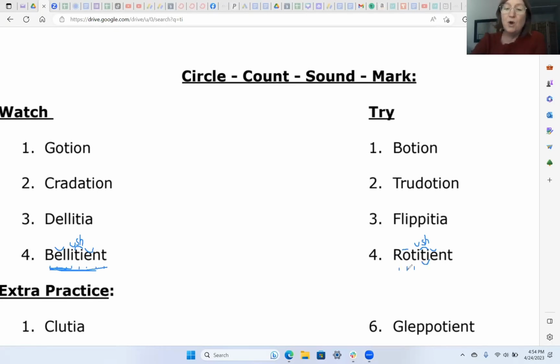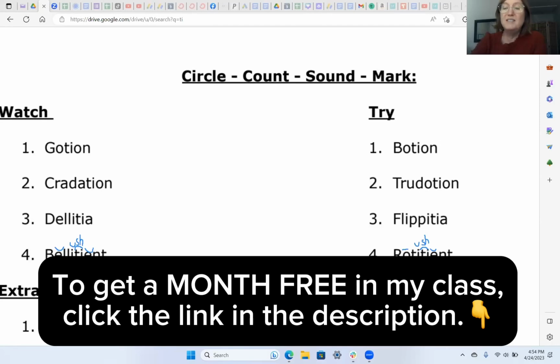So we have O, T, I, sh, E, N, T. Roticient, roticient. If you noticed that that TI was weird, then you are quicker than me at realizing that.